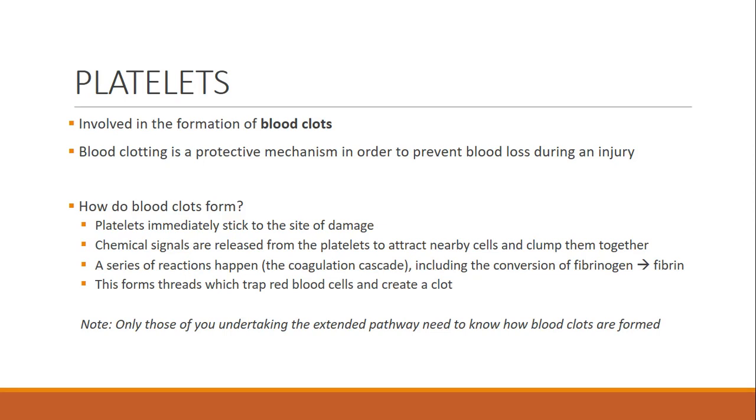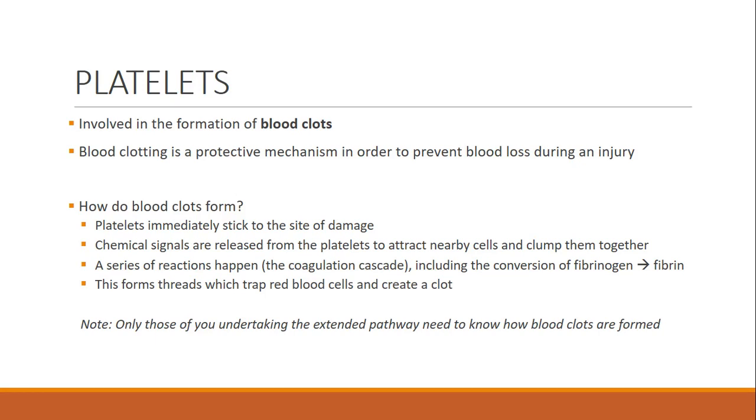Then a series of reactions happen, called a coagulation cascade, which includes the conversion of fibrinogen to fibrin in the blood. This forms a thread which traps red blood cells and eventually creates a clot so that blood can't leak out anymore.